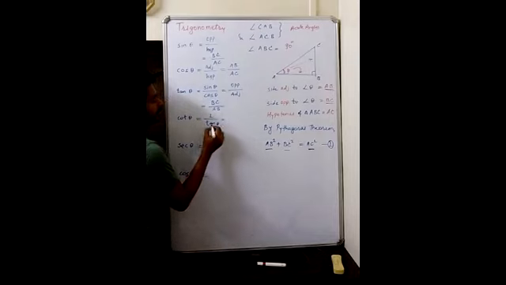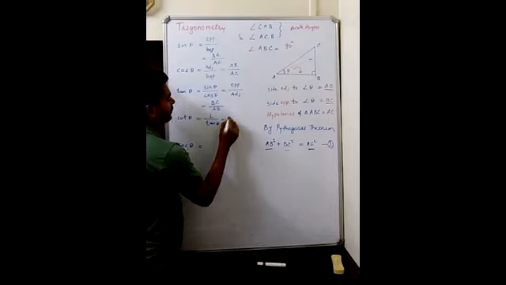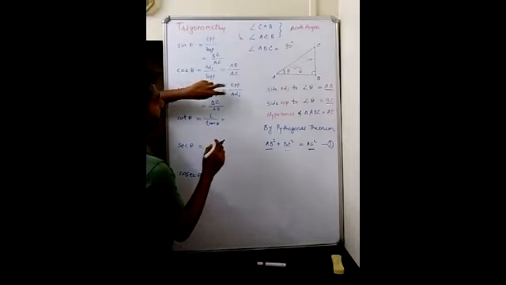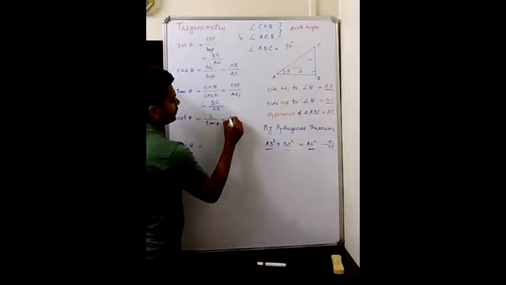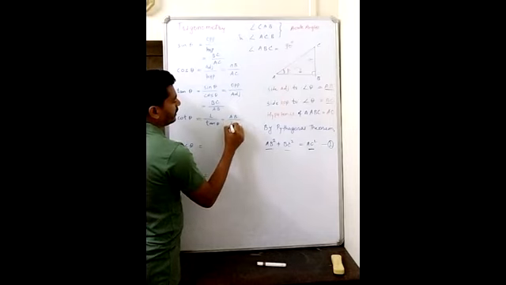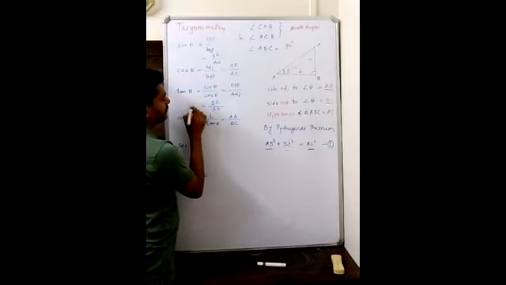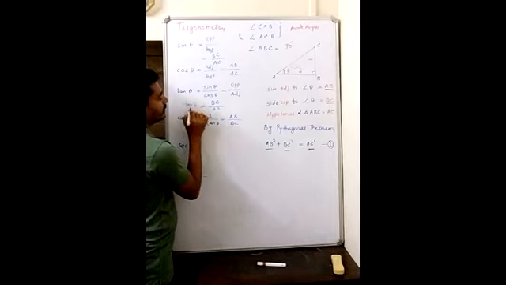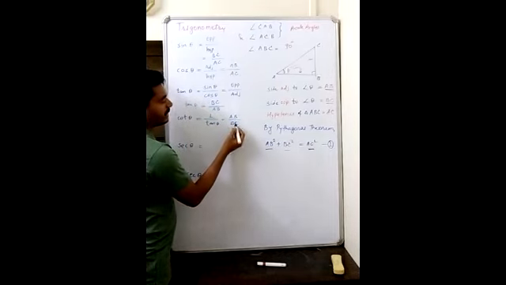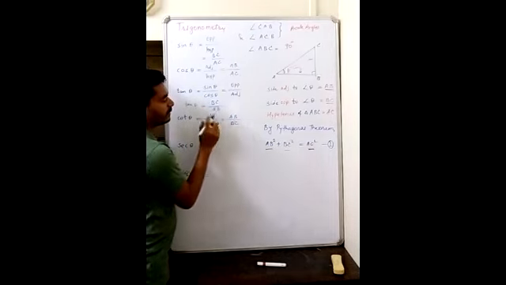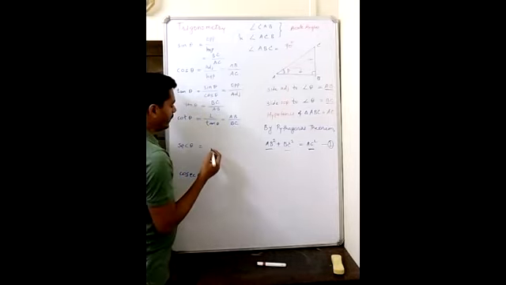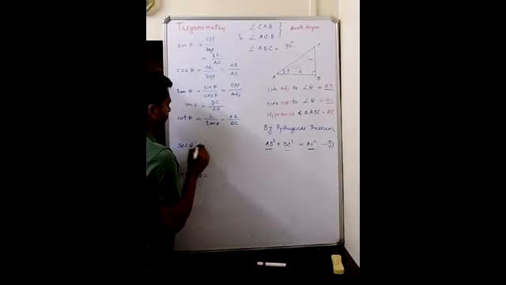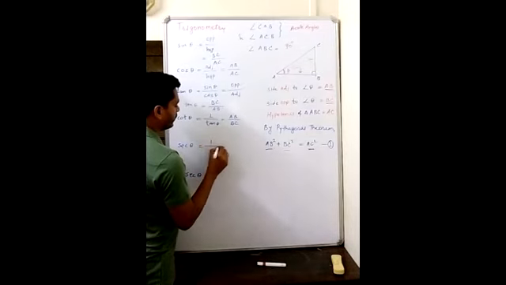So cot of theta is the reciprocal of tan of theta, so we can write this in the opposite manner. Tan of theta is BC divided by AB, so cot of theta is nothing but the reciprocal of this ratio. So it is AB divided by BC. Then sec is the reciprocal of cos of theta.